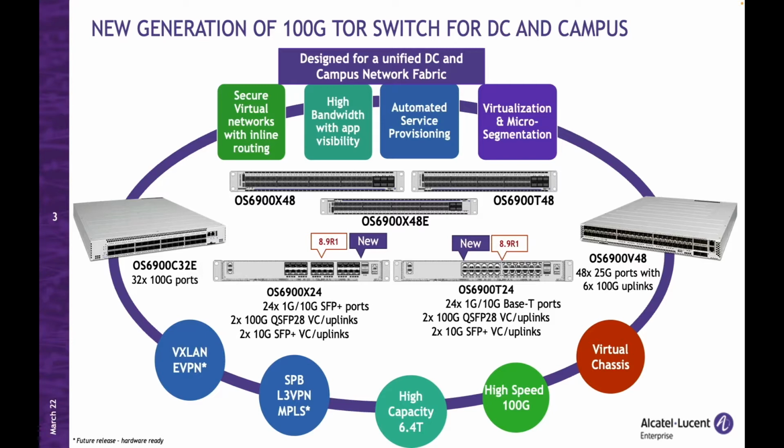The product range starts with the X24 with 10 gig ports and 200 gig ports, up to the C32E high-density 100 gig platforms. For the top of rack, we also have high-density 10 gig and 25 gig switches with the X48 and V48 models.